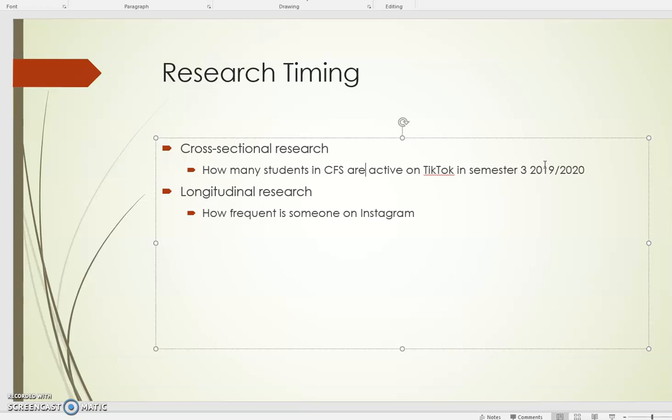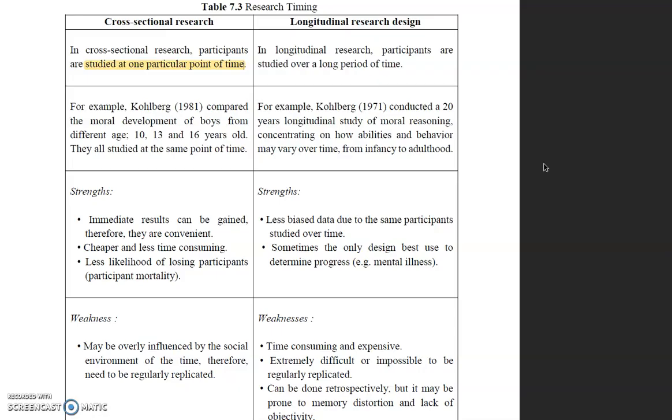However, if we conducted this research 20 years ago, we might not get any result at all. Or maybe in 2 or 3 years' time the result might be different because people will be using a different social media platform already. So that is what it means, it will be overly influenced by the social environment at that time.